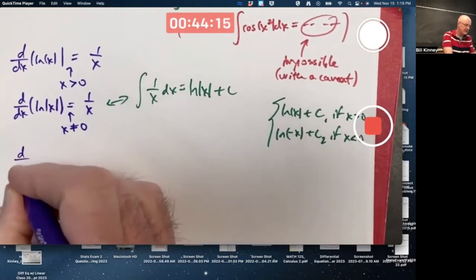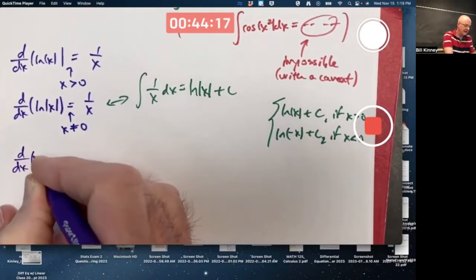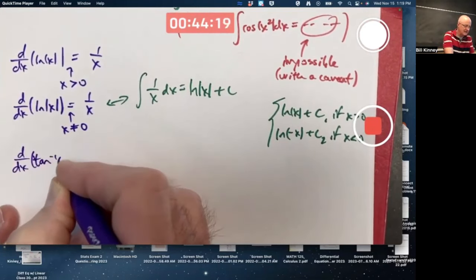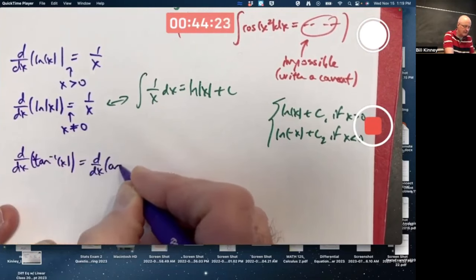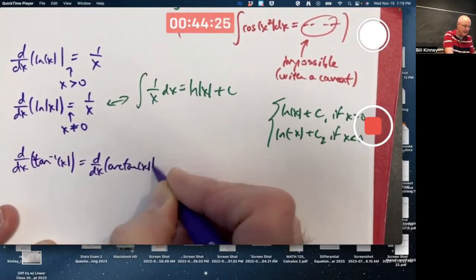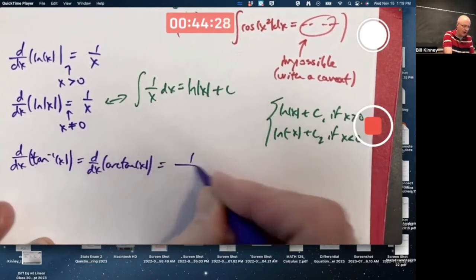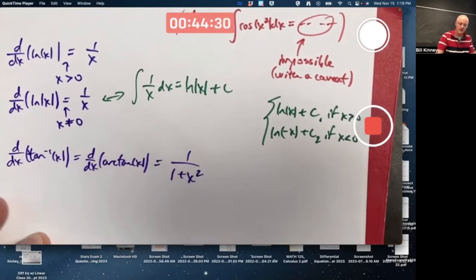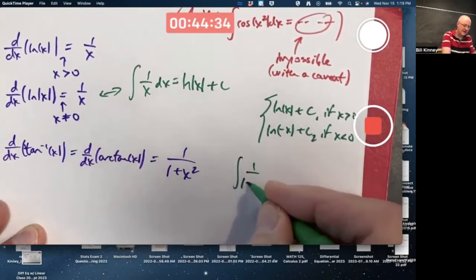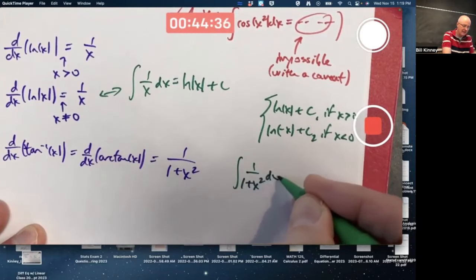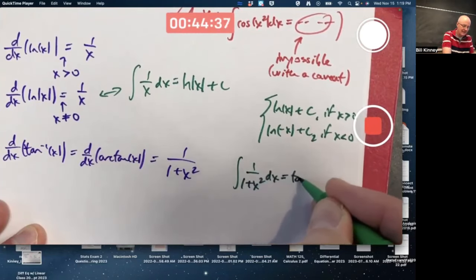More inverse functions include the derivative of inverse tangent of x, also called arctangent of x. And you should be okay with either notation, is 1 over 1 plus x squared, which does then mean the integral of 1 over 1 plus x squared is something to memorize, inverse tangent of x plus c.